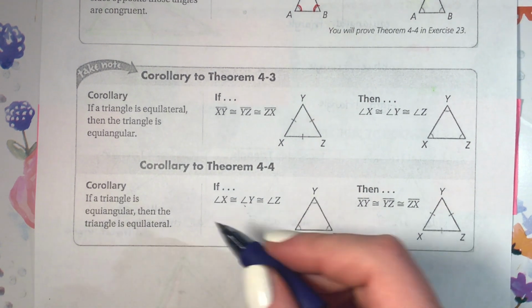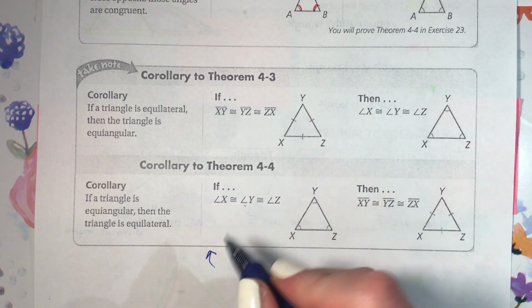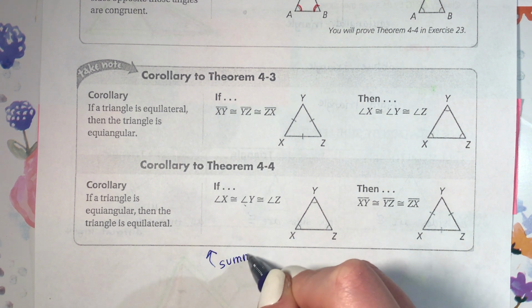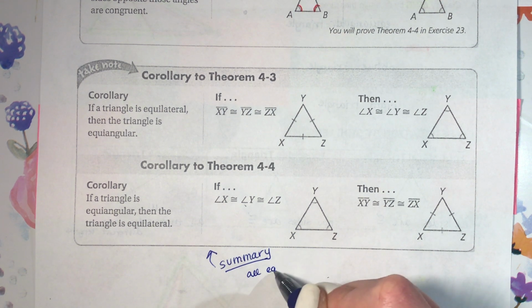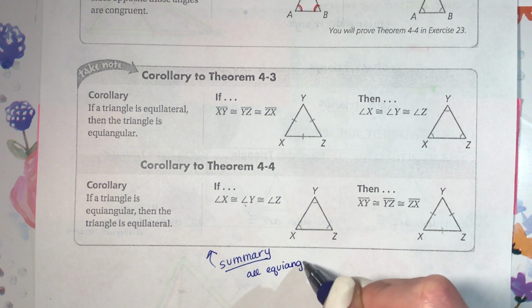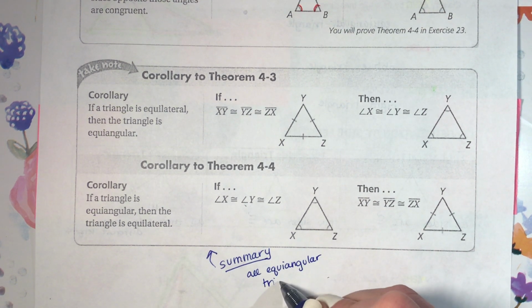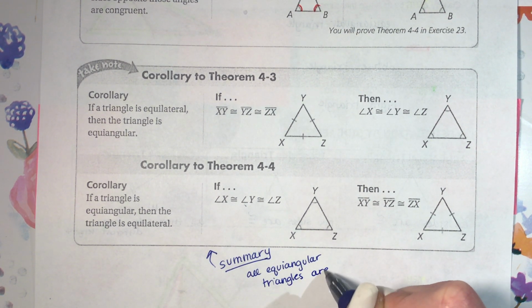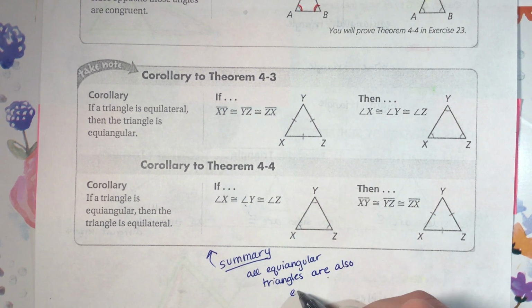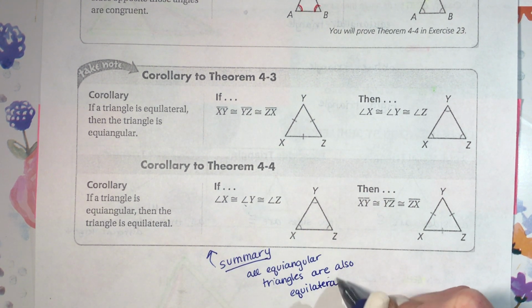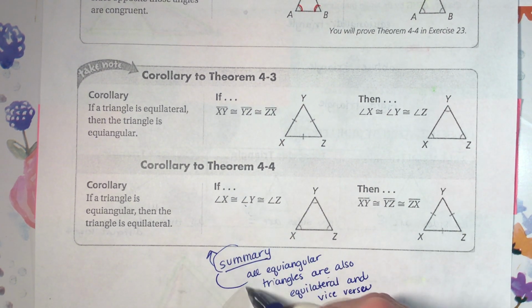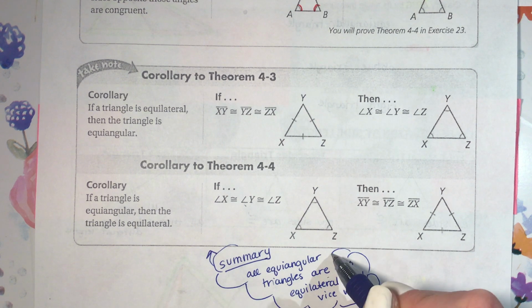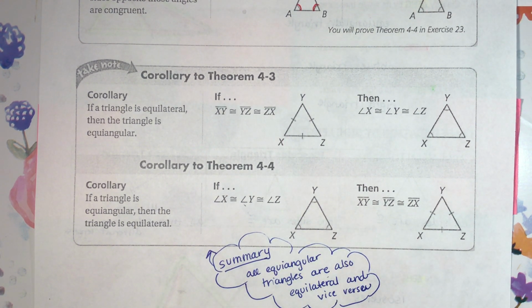So I'm going to say the summary of these is: all equiangular triangles are also equilateral, and vice versa. So there's a summary of the second half of these two things.